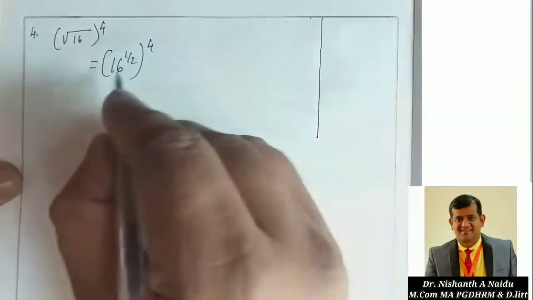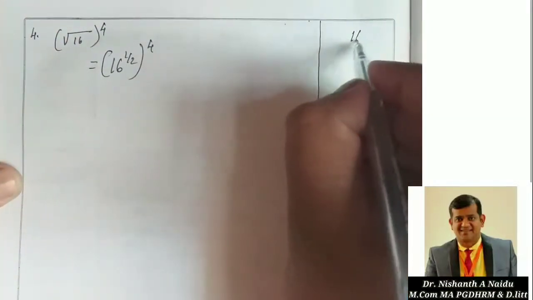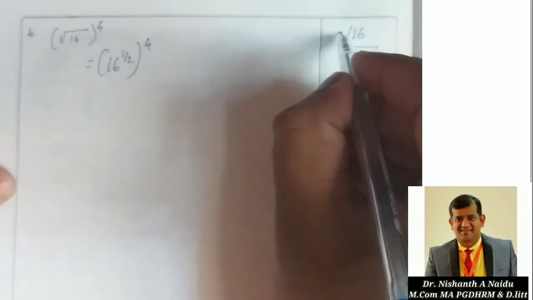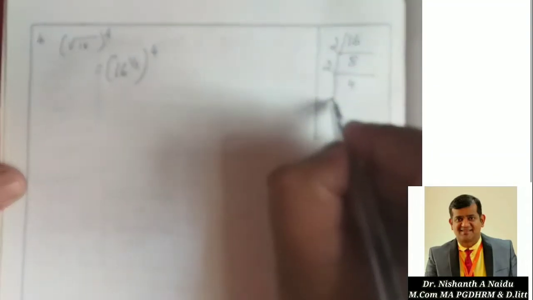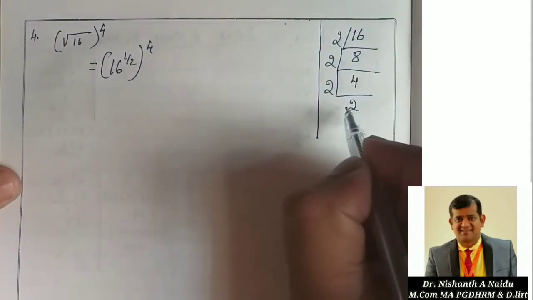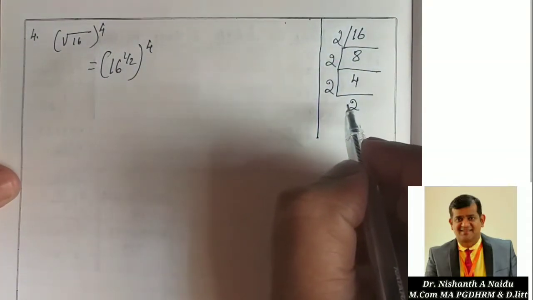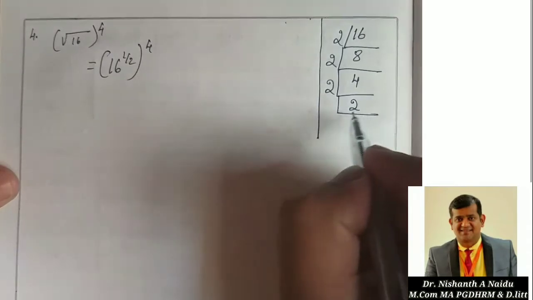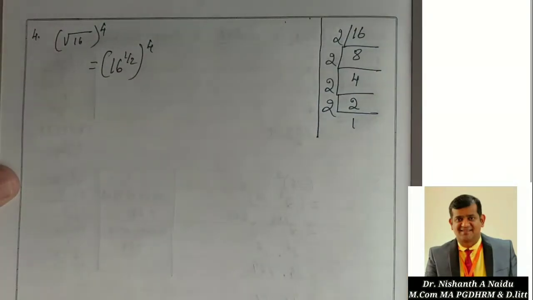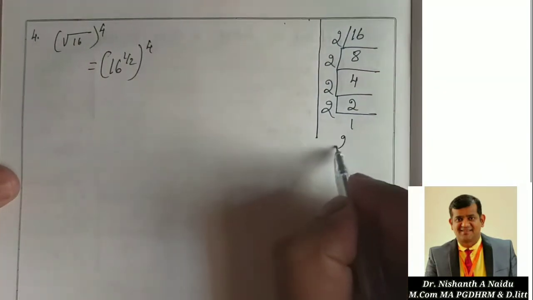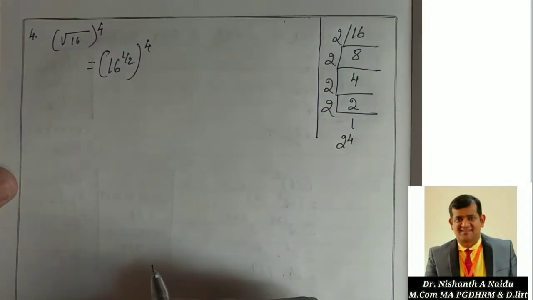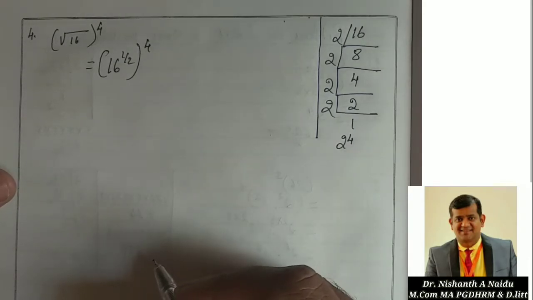What is the value? 16. 16 in which table? 2 8s, then 2 4s, then 2 2s, then 2 1s. How many times do you have 2? 4. Correct. So 1, 2, 3, 4. So 2 to the power of 4 is the LCM value.